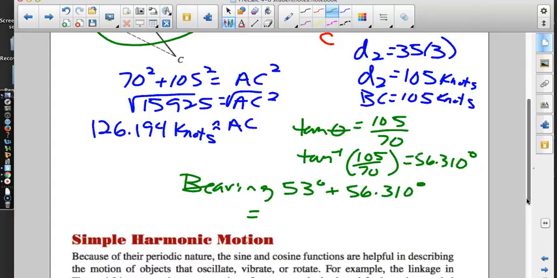So our bearing is what? Degrees. Thank you.